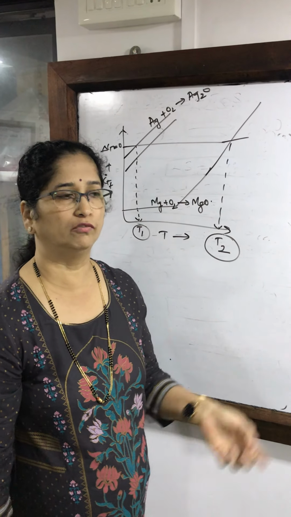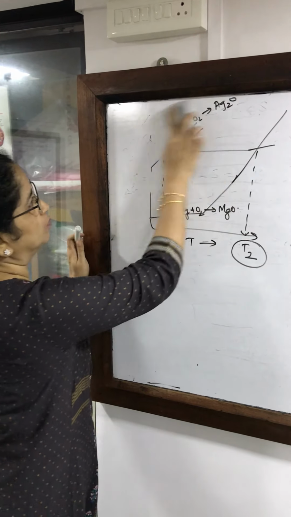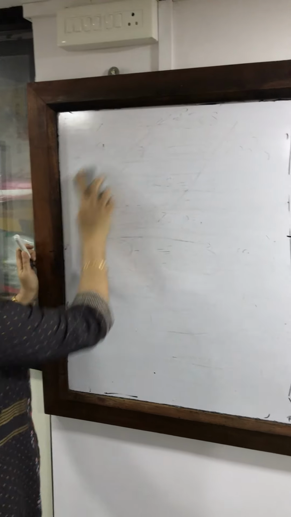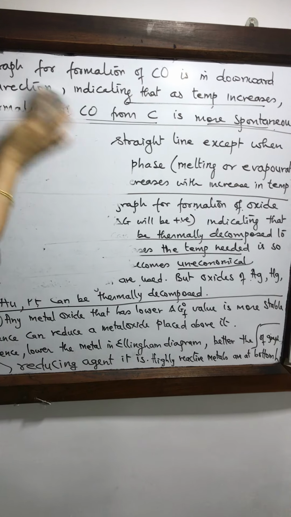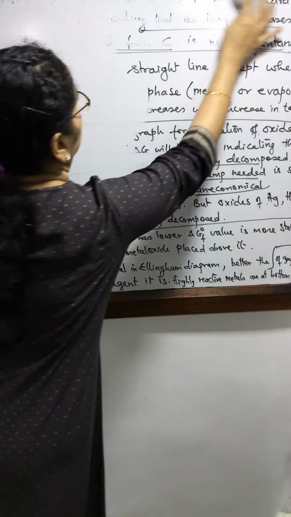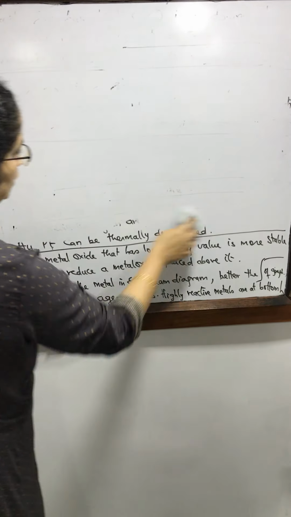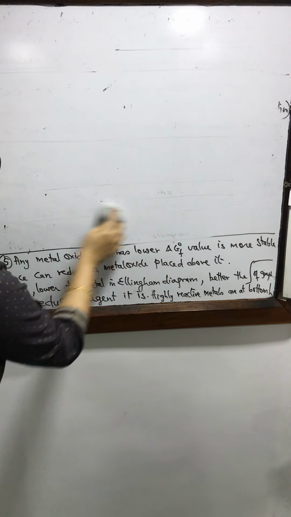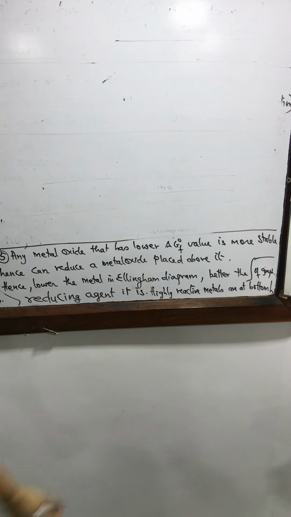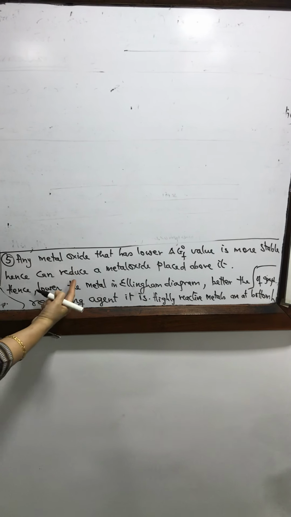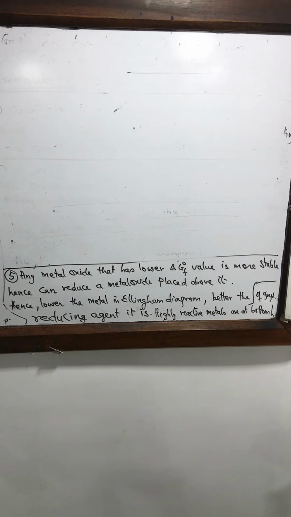oxide we will have to look for a reducing agent or an alternate method to extract it from its ore. Let us have a look at the fifth point. The fifth point reads, any metal oxide that has a lower delta G naught value is more stable, hence can reduce a metal oxide placed above it.